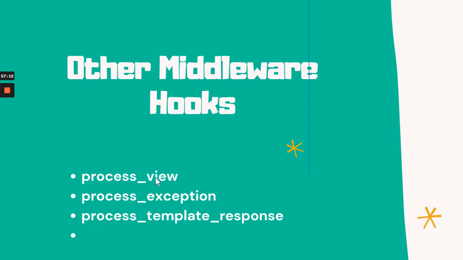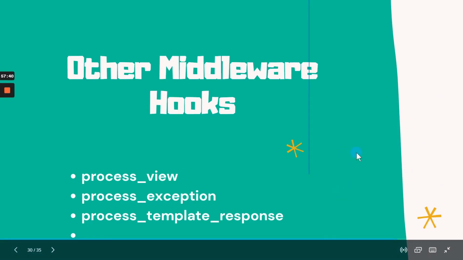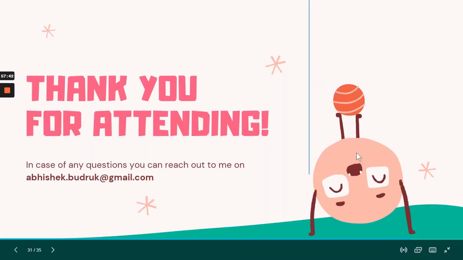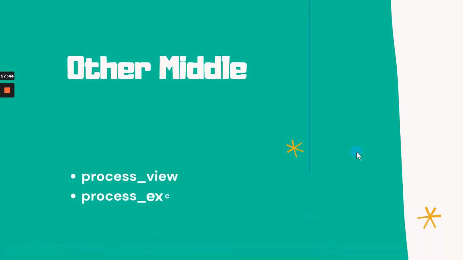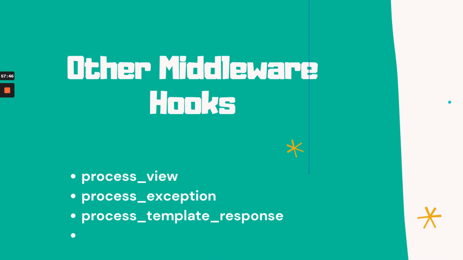But if it returns an HTTP response object, then your process is not going to move further, and the HTTP response object will call your template and render the page that you are looking for. So this is how it works.